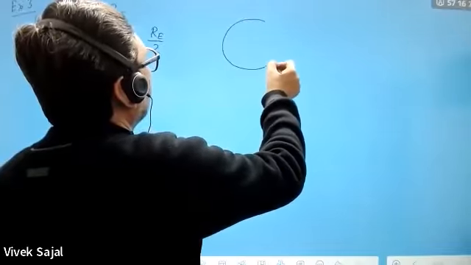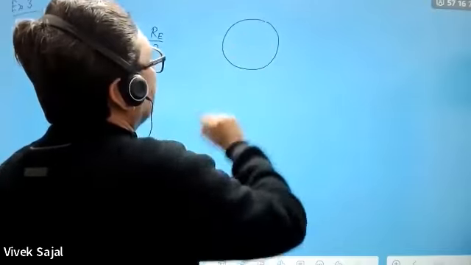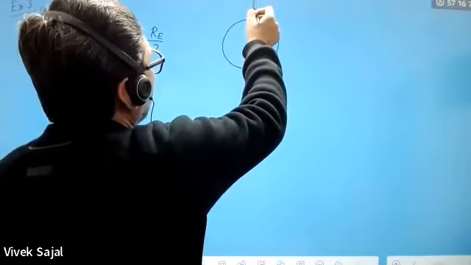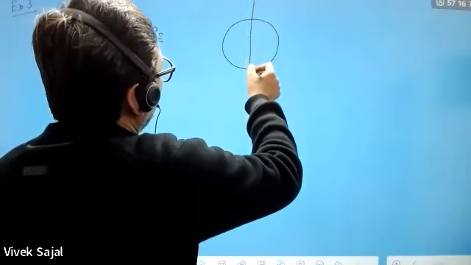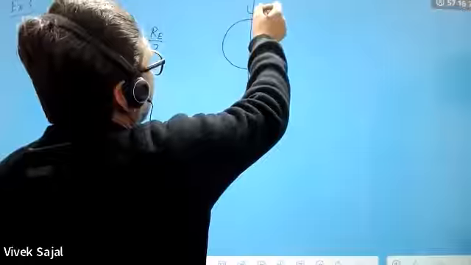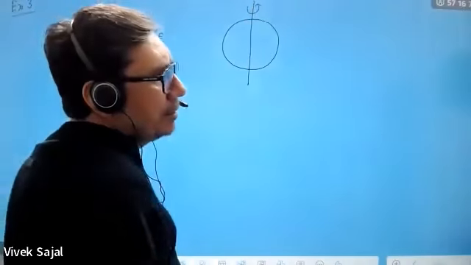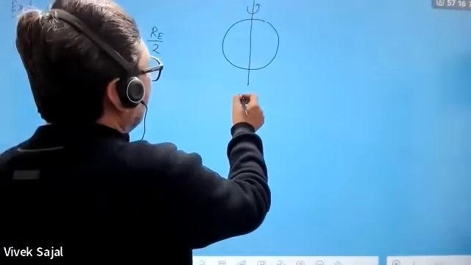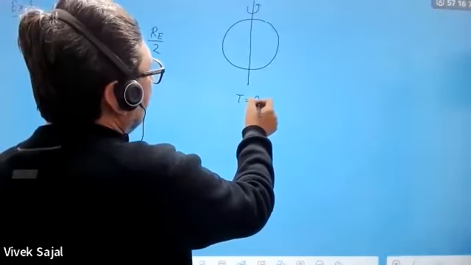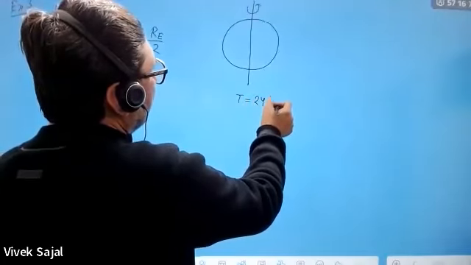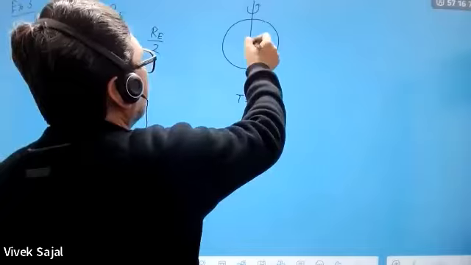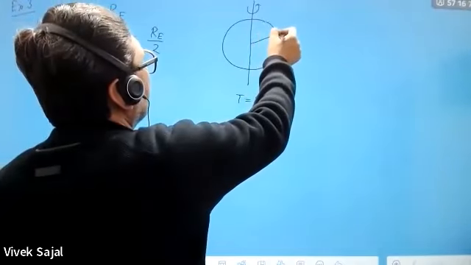So initially, you are having this type of earth. Our earth is like this, and it is rotating about its axis like this. Time period for one rotation is 24 hours. Radius of the earth is RE.